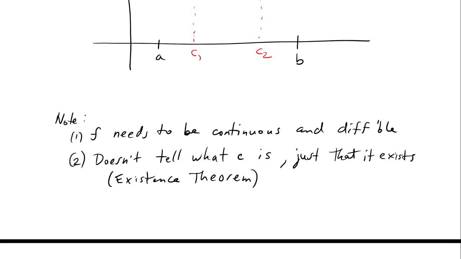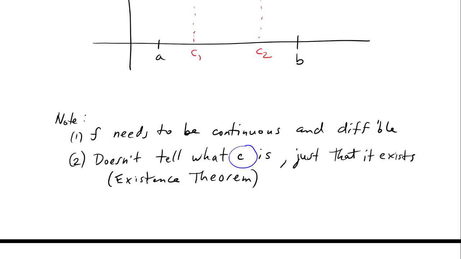So let's make note. f needs to be continuous and differentiable, though. We'll see in a minute why that has to be true. An interesting thing here: the theorem doesn't tell us what c is. It doesn't give us the value of c. It doesn't even prescribe a way of finding the value of c. Although, with the examples that we're going to look at, we're going to be able to do that just to verify the truth of the theorem.